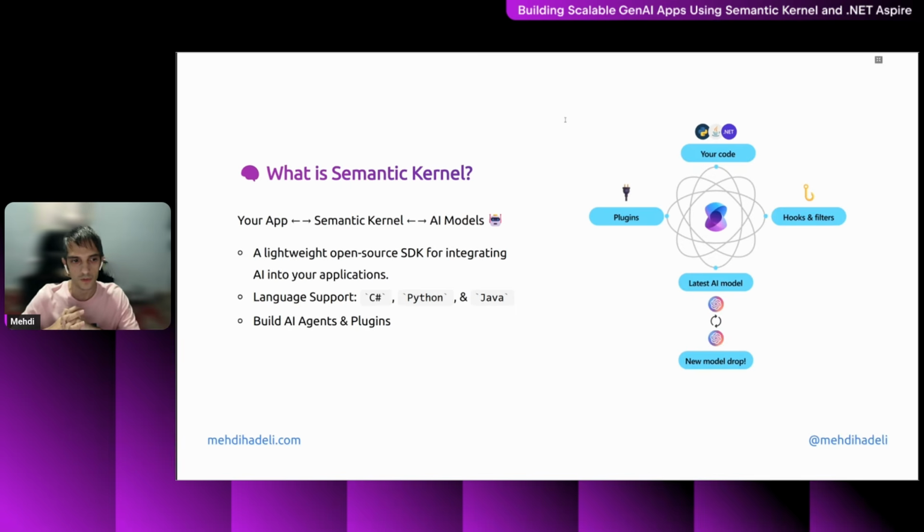You can develop different agents and plugins for communication between your application and AI models. And if you want to change your LLMs, you can change them without any worry, for example from ChatGPT to Anthropic models, without affecting your existing code base. That's the philosophy of this Semantic Kernel SDK.